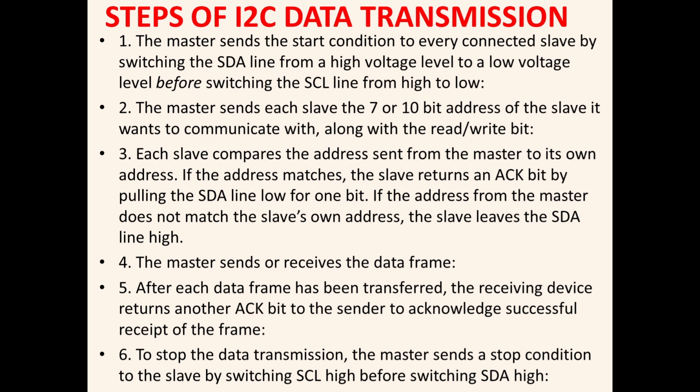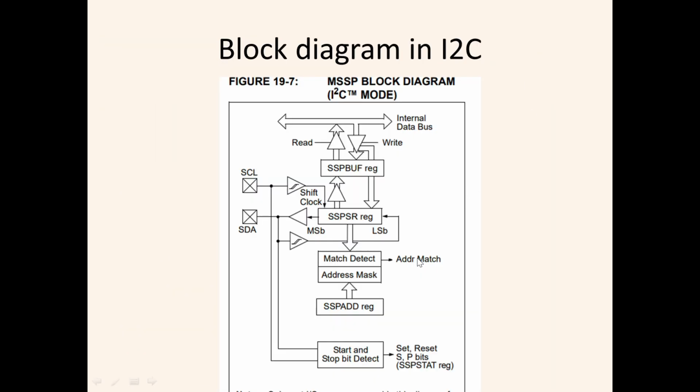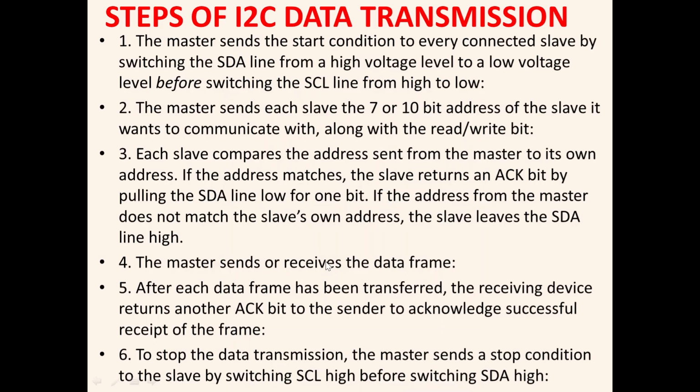This comparison results in an address match condition at one slave, and whenever the address match occurs, it will generate an acknowledgement from the slave to the master. Once the master receives that acknowledgement, it is able to either send the data frame or receive the data frame from the slave.